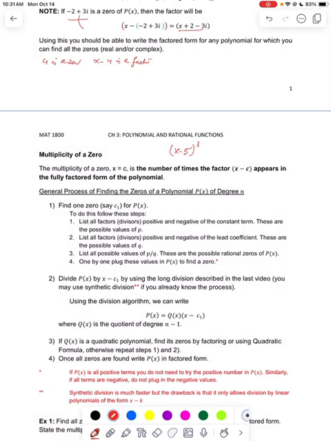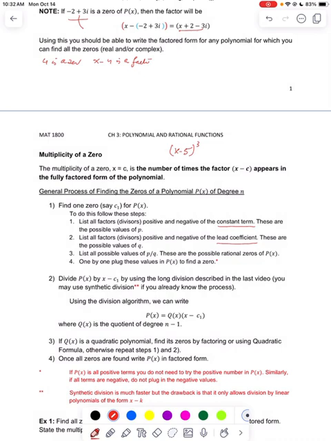You will list all the divisors or factors of the constant term, which we denote by P. These are the possible values for P. And then we will list all the factors of the lead coefficient, and these are the possible values for Q. And then we will list all the possible values of P over Q. Now these are basically the possible rational zeros of our P of x.